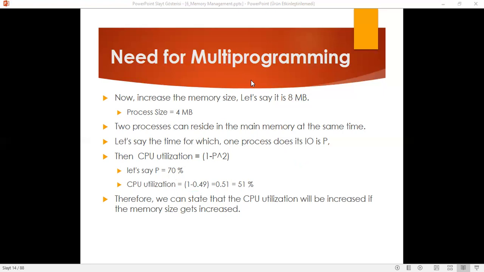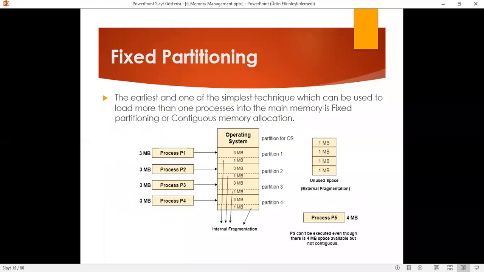So we know that our aim is to work with more processes in the operating system.